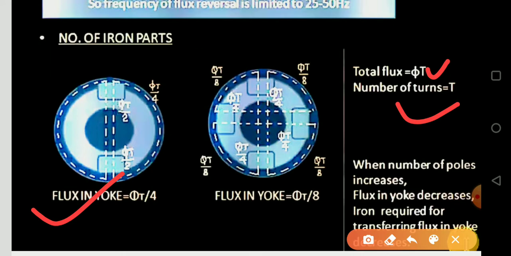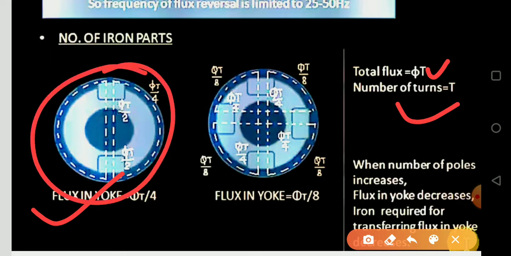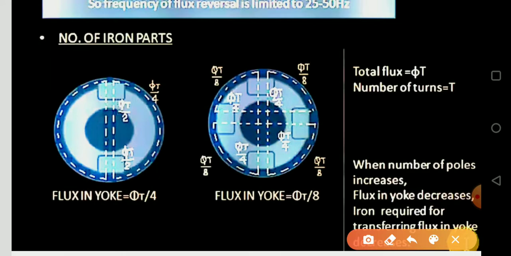So for a two pole machine, the flux under one pole is phi T by 2, and the flux on the other pole is also phi T by 2, and the flux under the yoke is phi T by 4.